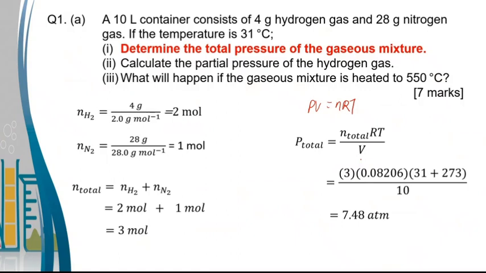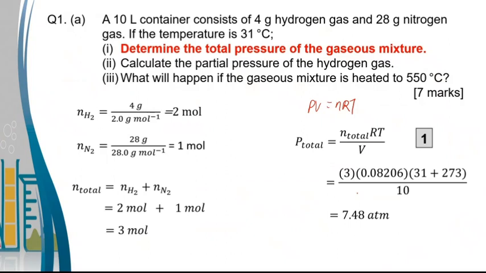Substitute the 3 moles into the formula, we're able to get 7.48 atmosphere.